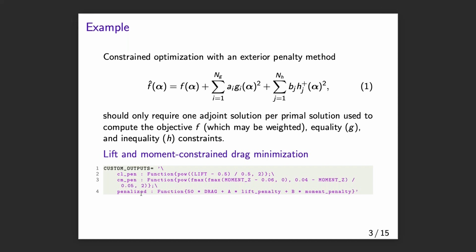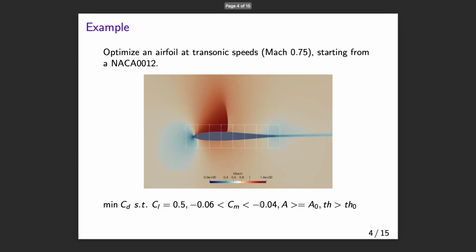So that's what I'm doing here. I'm computing this penalized objective function with drag, and then a penalty on lift and a penalty on pitching moment. And so this will run with only one adjoint solution, since we're putting everything together in the same objective function.